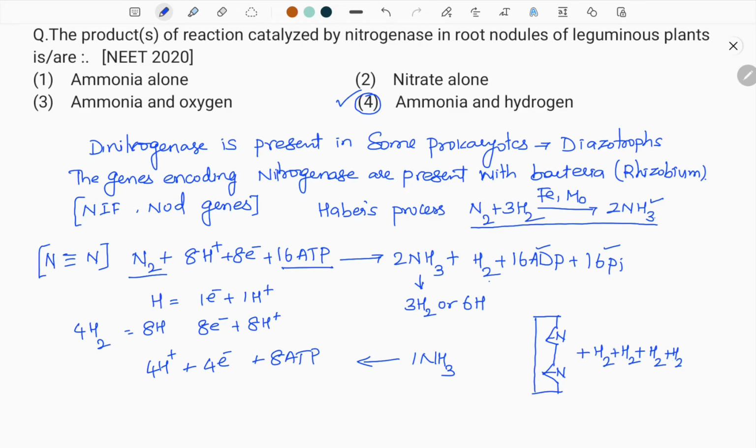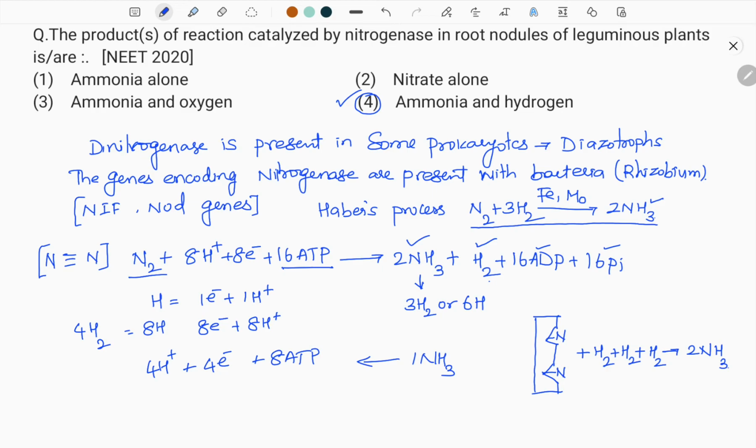In fact they are added only 3 times, and it forms 2 molecules of ammonia. Because the enzyme has 2 active sites, it can bind 2 nitrogen atoms at a time. So this is the answer: apart from ammonia, a hydrogen molecule is also formed and 16 ATP are required. So it is an active process.